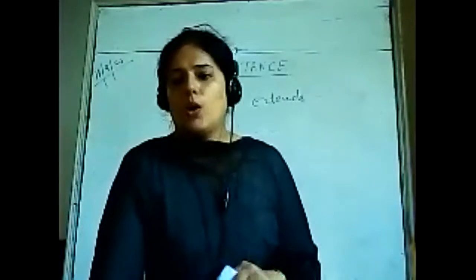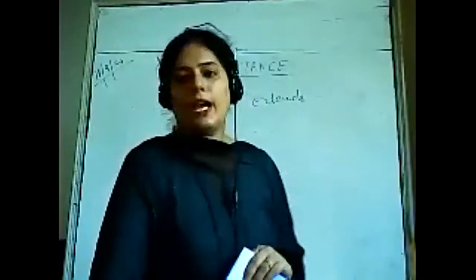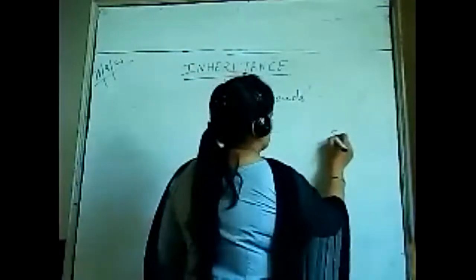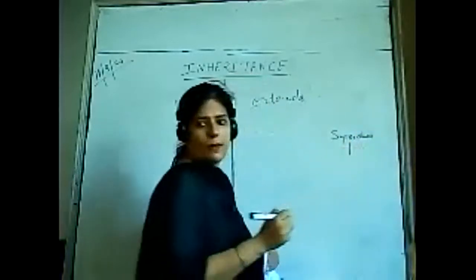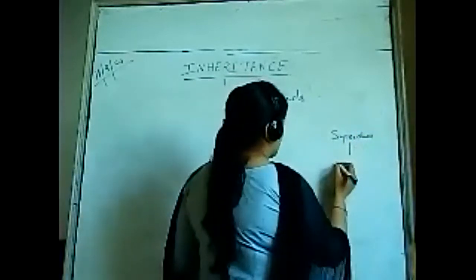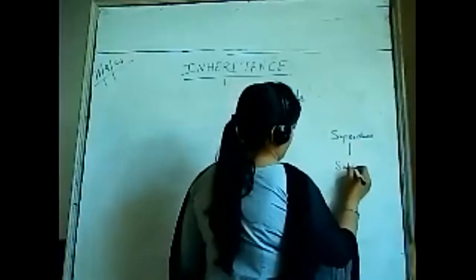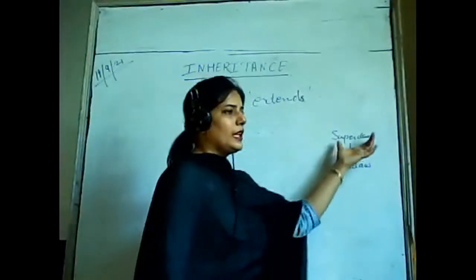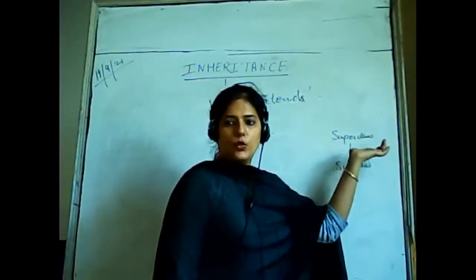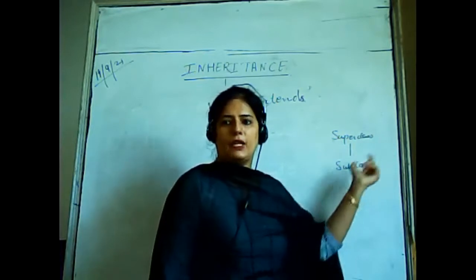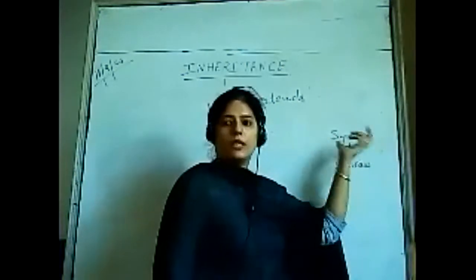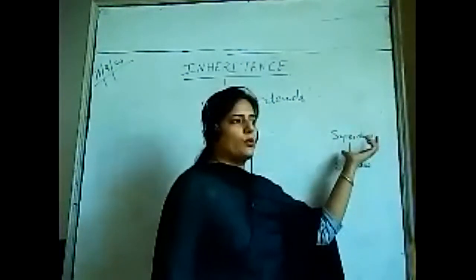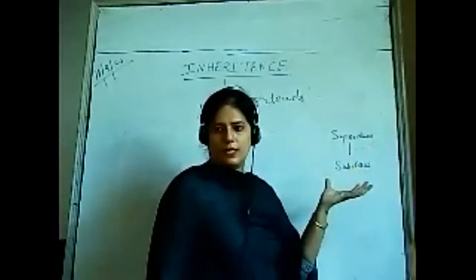Always we say that we have a particular superclass, and from that superclass we are developing another class, that is a subclass. This is how we use the property of inheritance in a program: we have a base class, and from that given class we are developing another class.